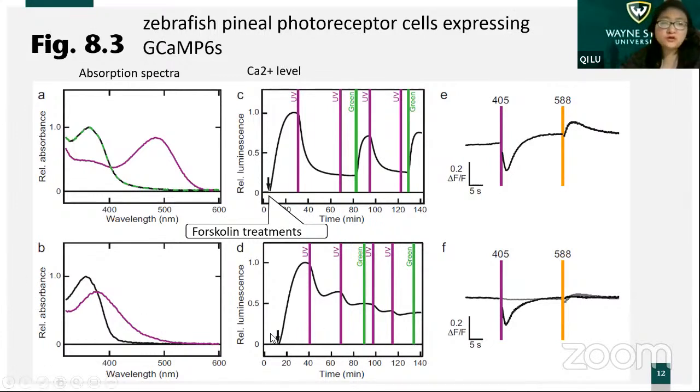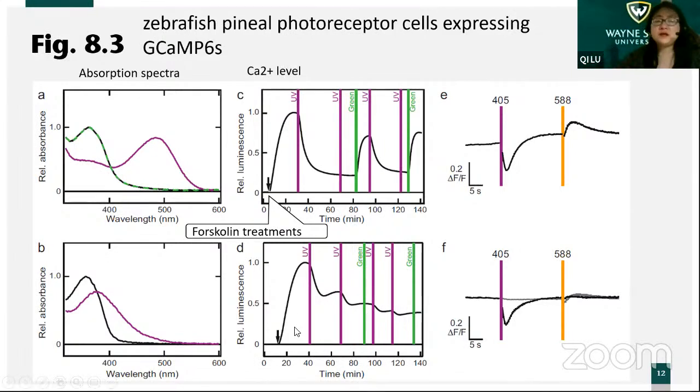And as a control, here it shows a normal opsin from goldfish. This opsin causes a decrease of the calcium signal, and it will not be changed by another wavelength, the green light.